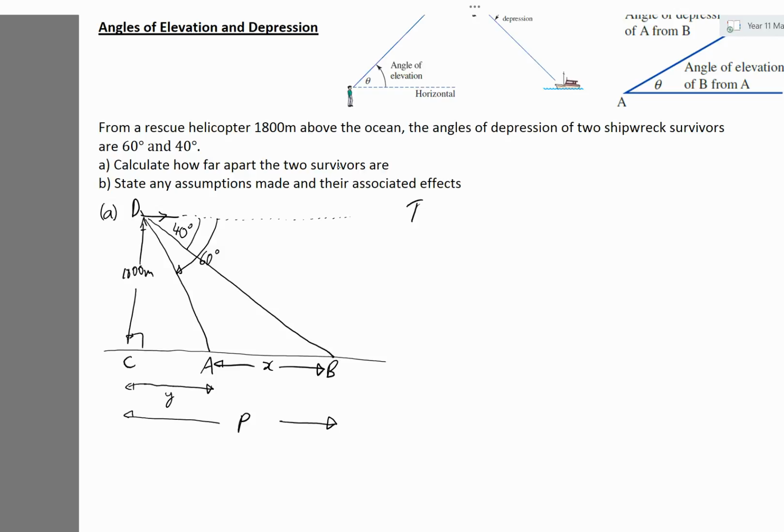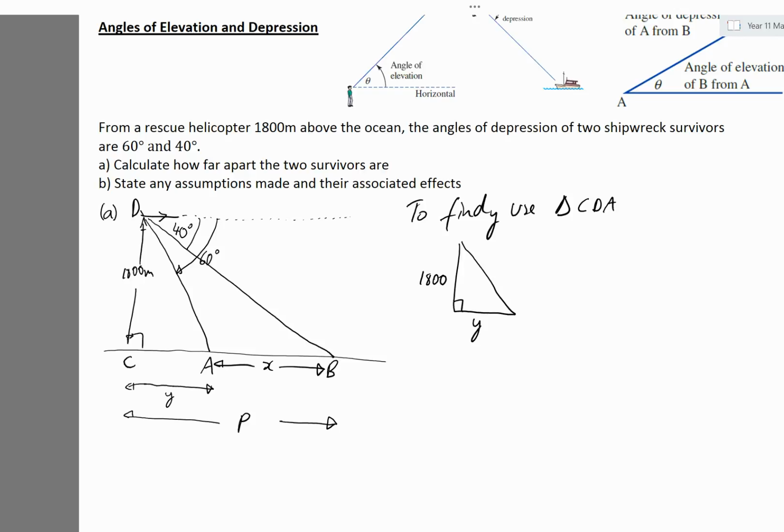So to find y, for starters, I'm going to use triangle CDA. Always state which triangle you're using and then just draw a little image of what it looks like. It doesn't need to be particularly neat. And this is y.